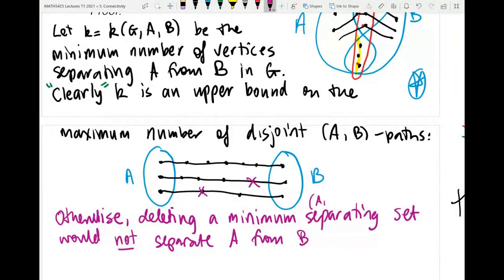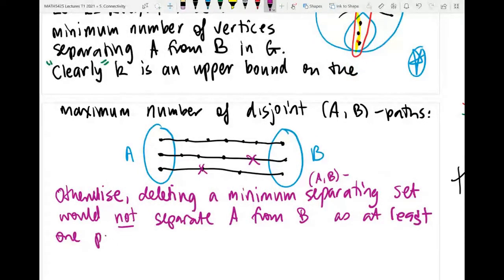I guess it really should be an A-B separating set. And that's a contradiction.